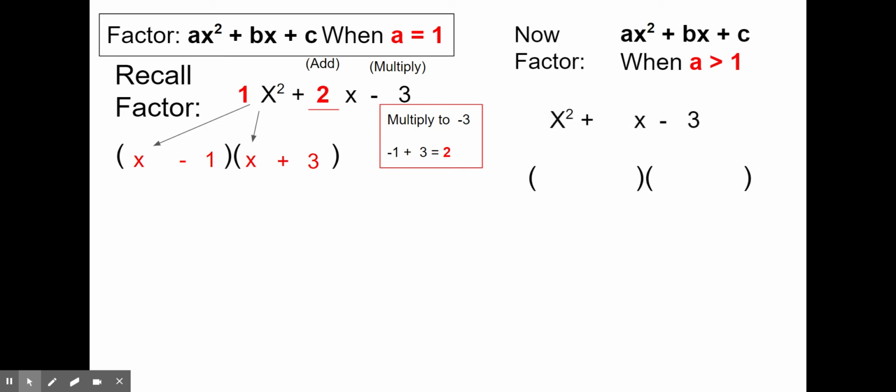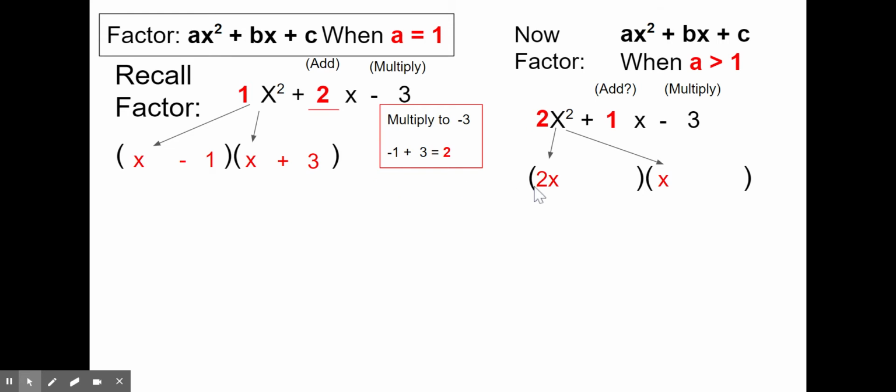So what happens if I maybe switch the 1 and the 2 around? What if I make the 2 my lead coefficient? Now I have a problem. First thing I have to do is find two numbers that multiply to negative 3 and add to 1. Well, guess what? There aren't any. But not to fear, 2x squared is not going to get split up as x and x.